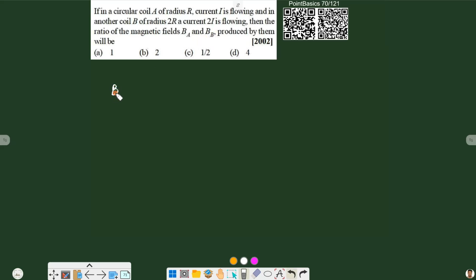So B1 will be mu node current I by twice of R, and B2 for the second coil will be mu node twice of I by twice of 2R, because it is twice of the radius. So it's basically the same value. So their ratio will be 1:1. Option A will be the right answer here. Moving to the next question.